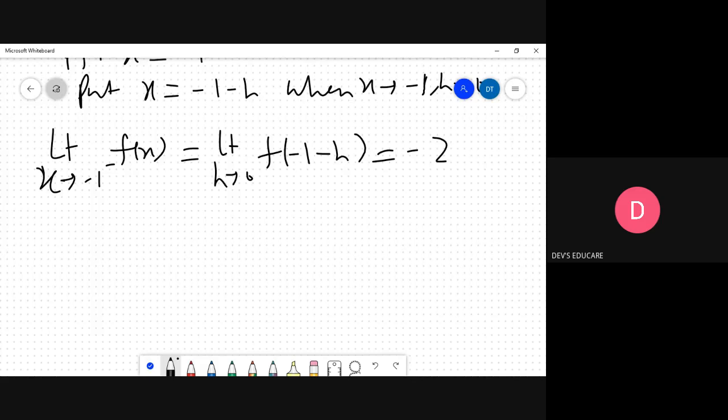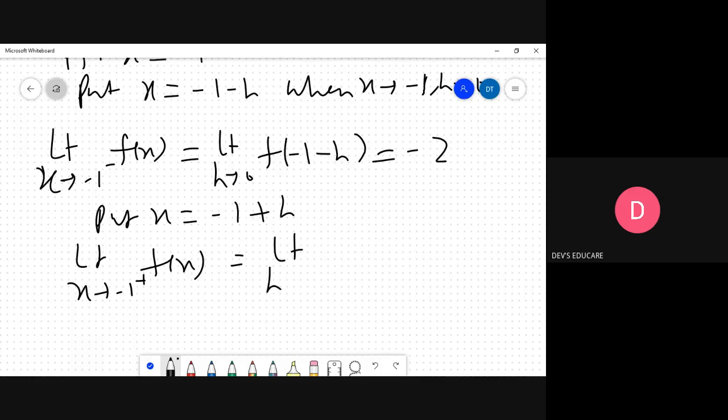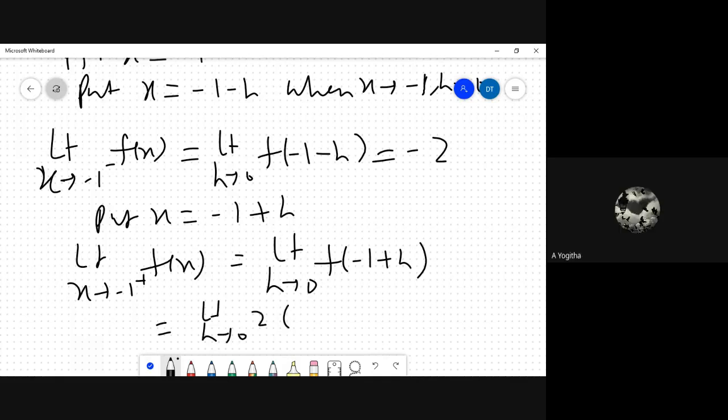Now put x equals minus 1 plus h. Limit x tends to minus 1 plus f(x) equals limit h tends to 0 f(minus 1 plus h). So this is limit h tends to 0 of 2x, which is 2 times minus 1 plus h, so that becomes minus 2.